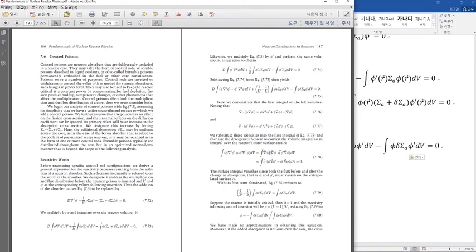And also phi prime will approach 0 due to the boundary condition. Let me find it in our textbook. Page 147.